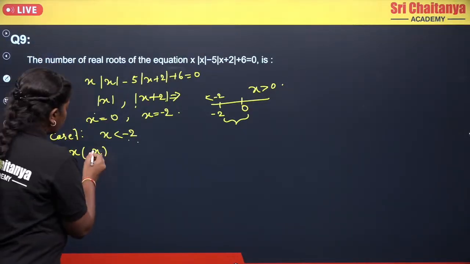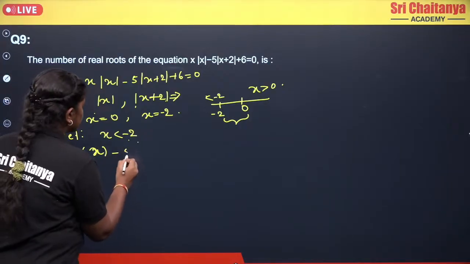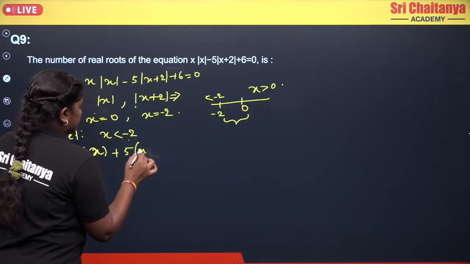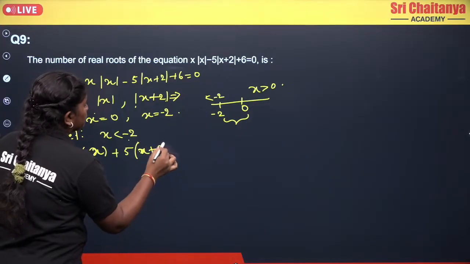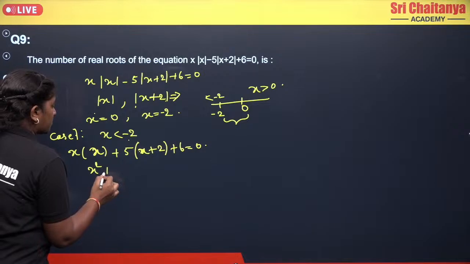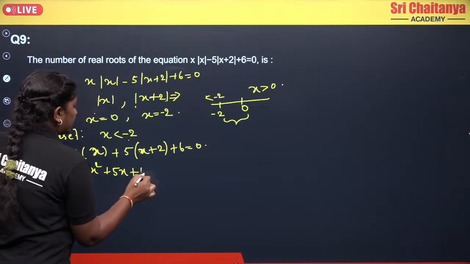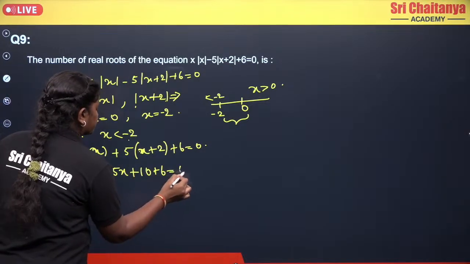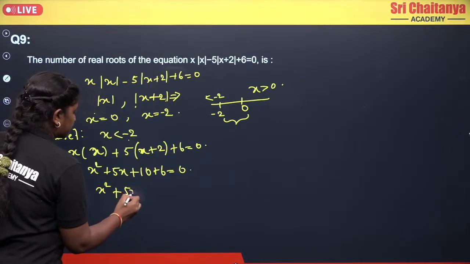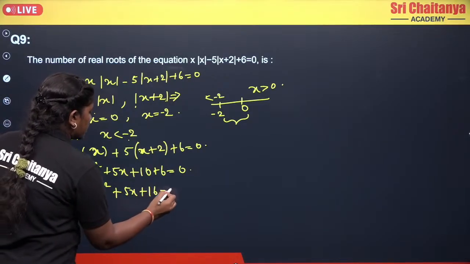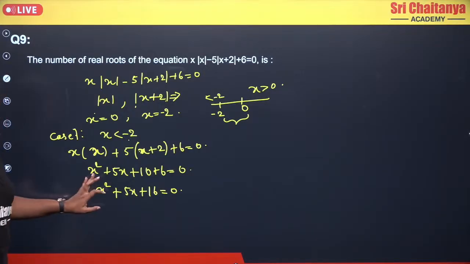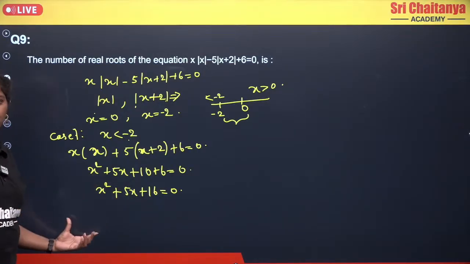It will be plus x minus 5, minus into minus will become plus, into x plus 2 plus 6 equals to 0. Now simplify this, you will get x square plus 5x plus 10 plus 6 equals to 0. Okay. So that becomes x square plus 5x plus 16 equals to 0. Now if you simplify this quadratic equation, you will get the roots, like the x values.